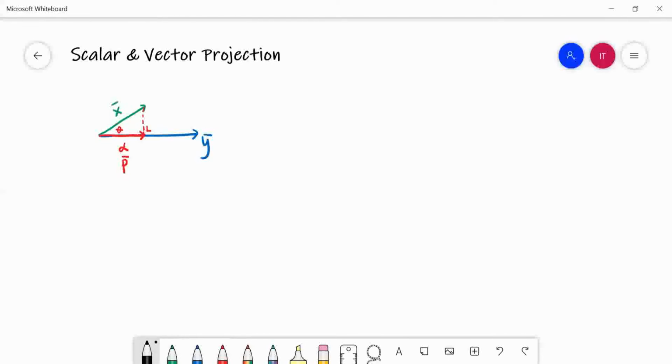To calculate alpha, the scalar projection of x to y, we can use the basic equation, which is the length of x multiplied by the cosine of theta. This equation, we can multiply it by y for both numerator and denominator.